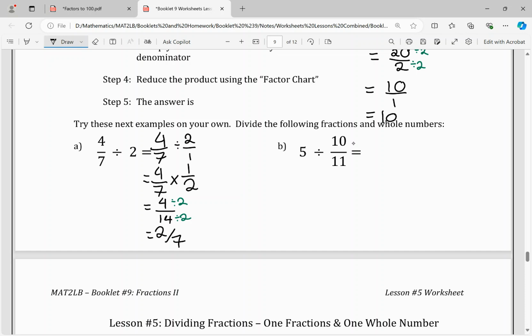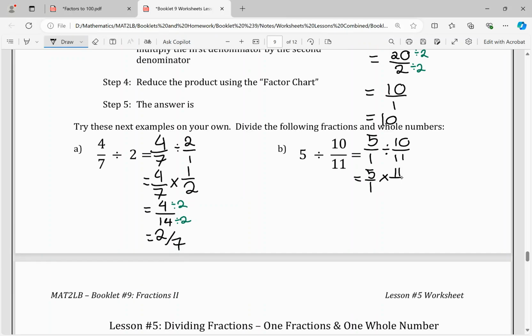Here in our final example, we have 5 divided by 10 over 11. First thing we're going to do is turn that 5 into a fraction. 5 over 1 divided by 10 over 11. And then we're going to change that division problem into a multiplication problem by swapping, flipping, or taking the reciprocal of the second fraction, however you want to call it.